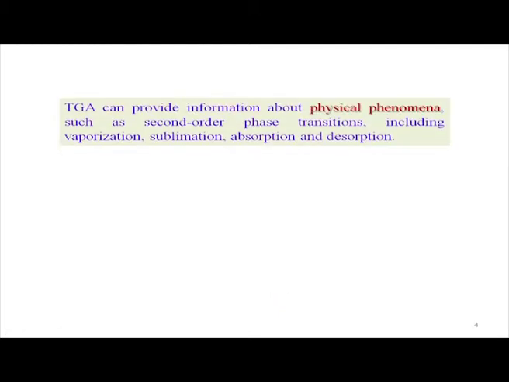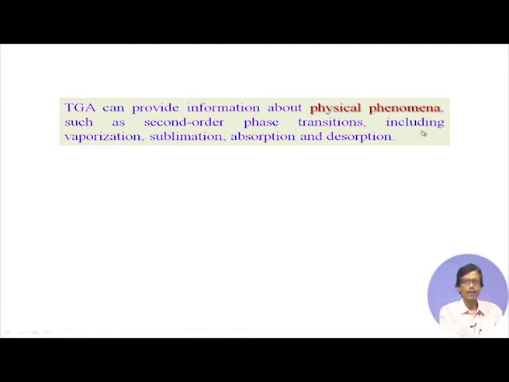So, we find that this TGA gives all those good information and can provide information about the physical phenomena or the physical changes. So, what are those physical phenomena we can see? Because even if you do not have any chemical change, we can monitor the corresponding physical characterization.